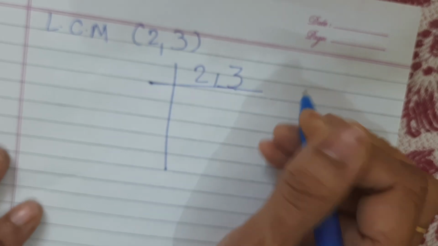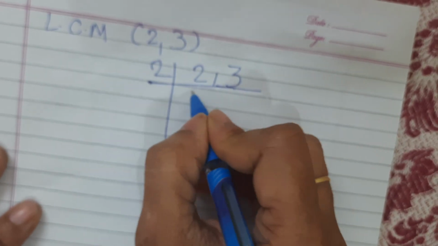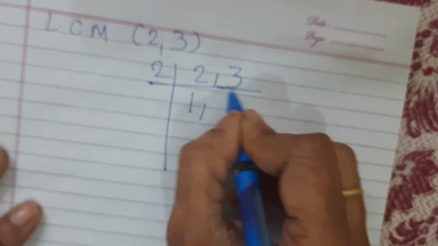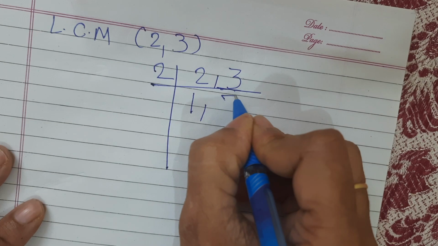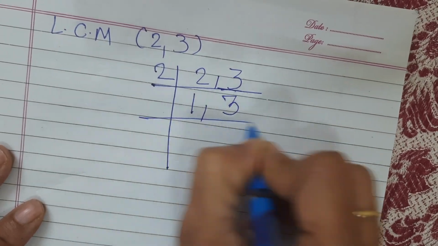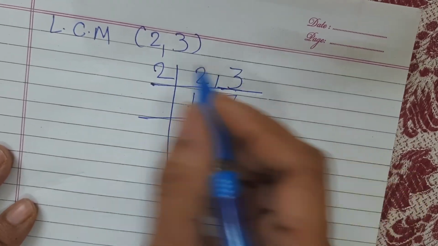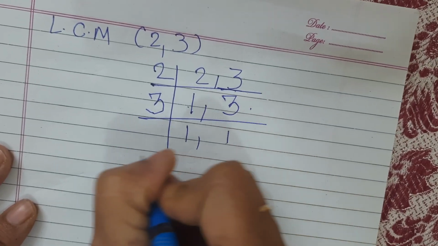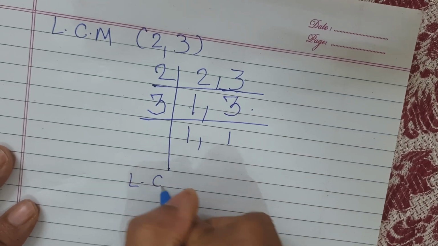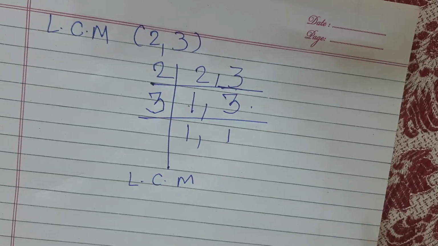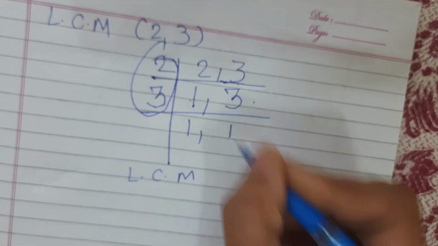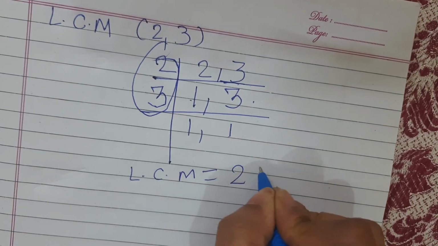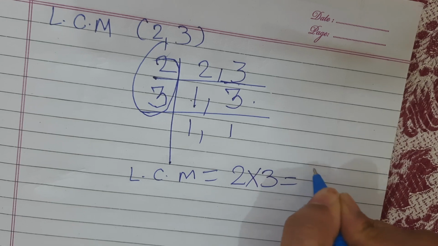I start with the smallest number, which is 2. 2 1s are 2. In the table of 2, 3 is not there, so I copy 3 as it is. Now here I am left with 1 and 3. So the next number I'll write is 3. So 1 and 1. So my LCM of 2 and 3 is 2 into 3, which is 6.